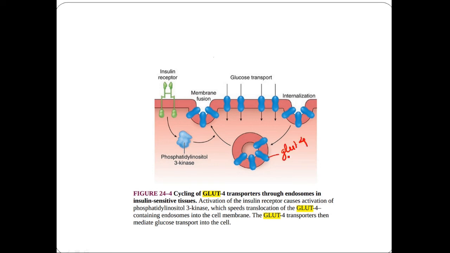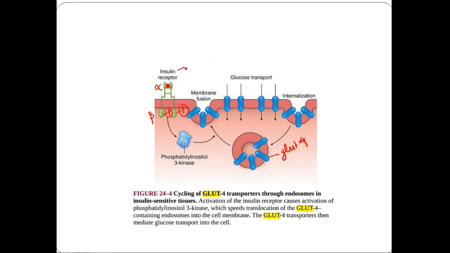Currently it is present inside the cell. It will come to the membrane when insulin binds to the insulin receptor. So this is the insulin receptor which is present in the cell membrane. This consists of two subunits, alpha and beta. The alpha subunit binds to insulin and it undergoes dimerization, and because of this, the beta subunit which contains tyrosine residue will undergo phosphorylation and gets activated.